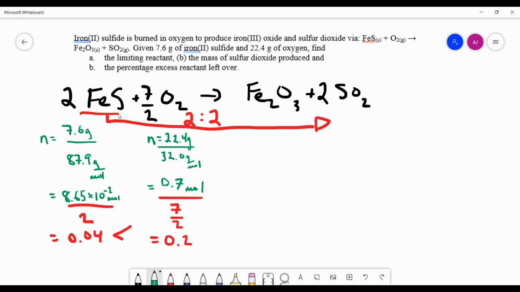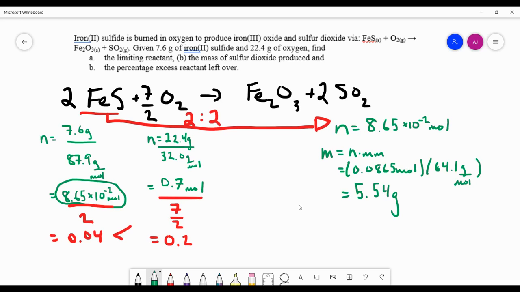I've already calculated the moles of FeS reacted. We have it right there in green. So therefore, the moles of SO2 is also going to be 8.65 times 10 to the negative 2 moles. The mass produced is 5.54 grams.